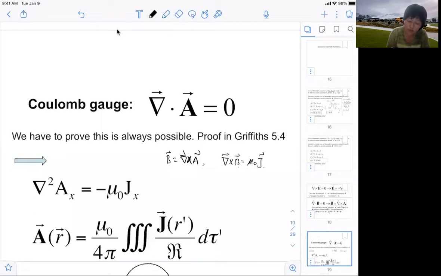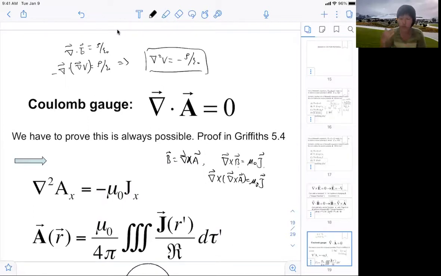So now let's plug in, replacing B with the curl of A. Just previously, like we did, del dot E is rho over epsilon naught, and E is a gradient of V. So we get the Poisson equation, which is the Laplacian of V is negative rho over epsilon naught. We do a similar thing for the magnetic field.